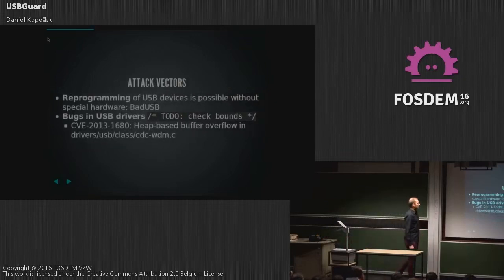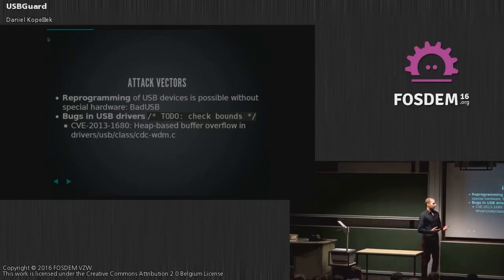Another attack vector is the reprogramming of USB devices. That's what we call bad USB today. As I explained, it's like modifying the USB mouse by hardware means, but in the same way done by software means.